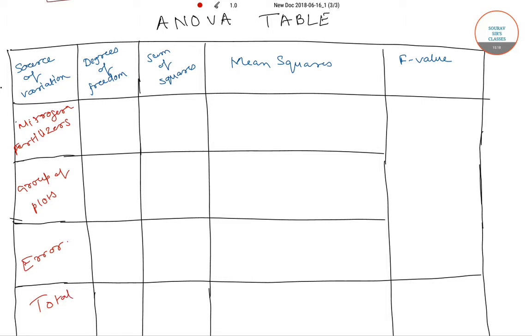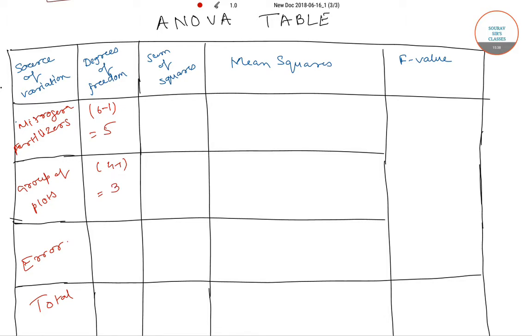Now degrees of freedom. Degrees of freedom corresponding to nitrogen fertilizer is 6 minus 1, which is equals to 5. Due to group of plots, it is L minus 1, where L is 4, so it is 4 minus 1, which is equals to 3.